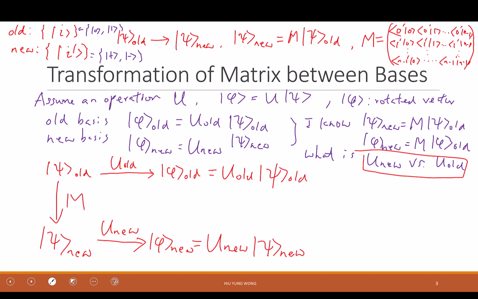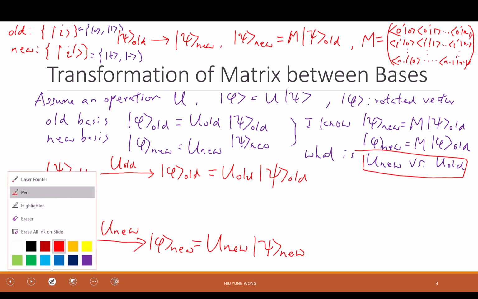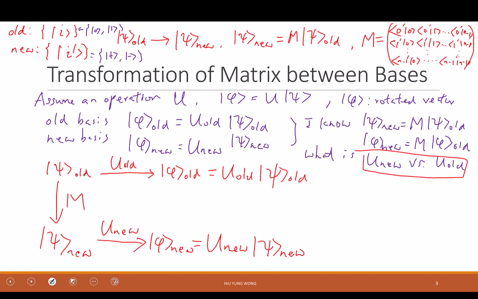Okay? But of course, I also know that this one is related by M, right? The rotated one in the O coordinate is related to the rotated one in the new coordinate by M, right?